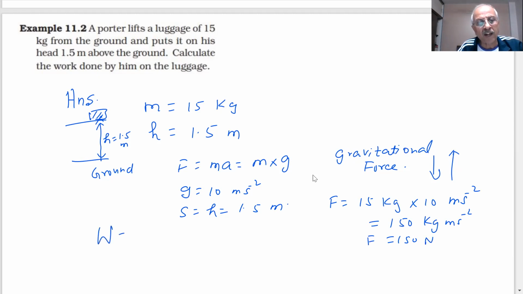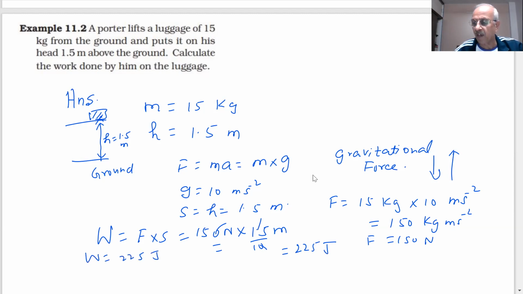Then what is the work done? 150 newton into 1.5 meter. What is the value coming? 225 joules. So work done is 225 joules in lifting the weight.